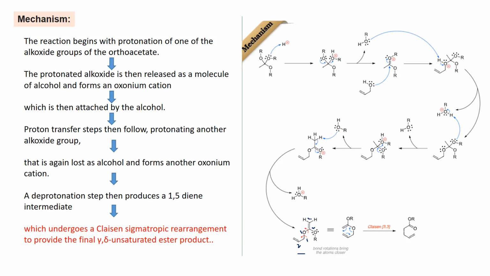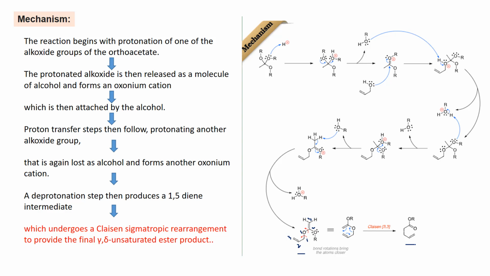So it undergoes a 3,3 sigmatropic reaction and forms this gamma delta unsaturated ester. Okay, so this is called Johnson-Claisen reaction.